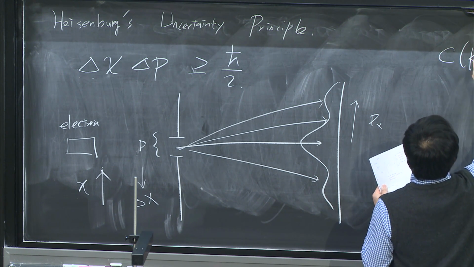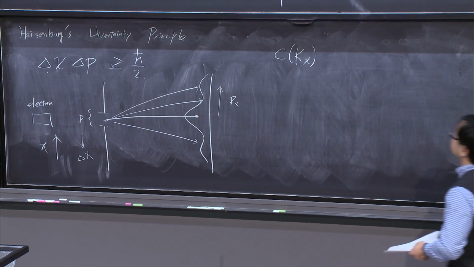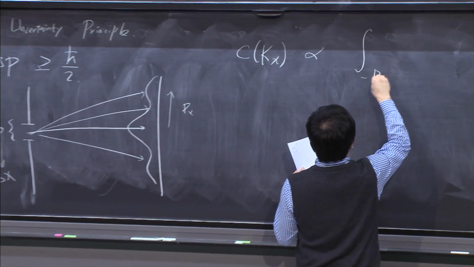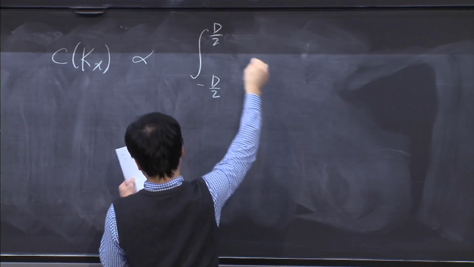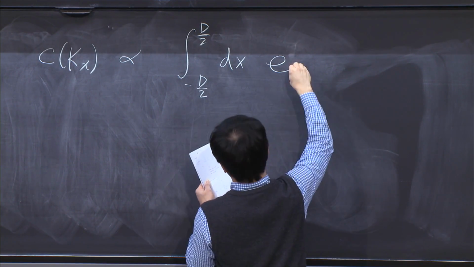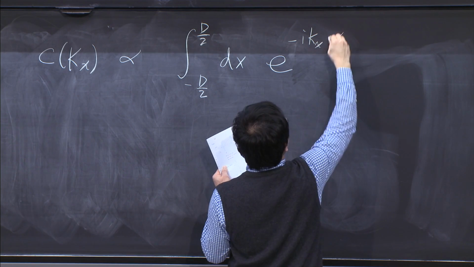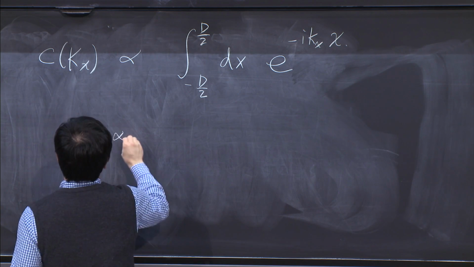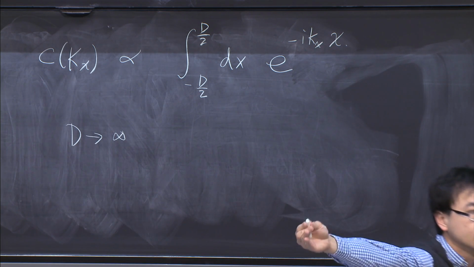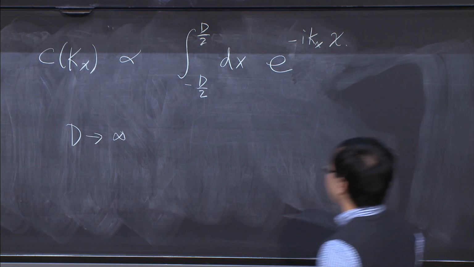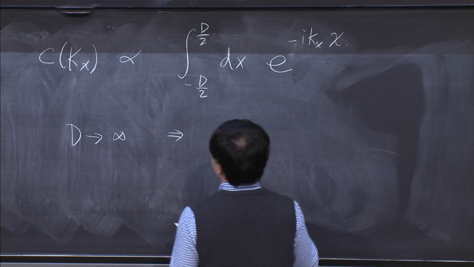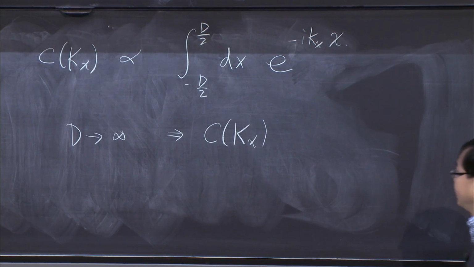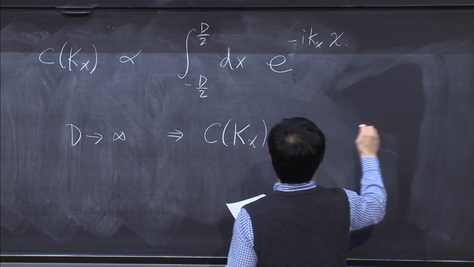And if we use the mathematics which we learned last time, the psi function is going to be proportional to the integral from minus D over 2 to D over 2 of dx exponential of minus i kx x. And if D goes to infinity, which means you have an infinitely wide slit, based on the formula we derived last time, we will see that the psi function as a function of kx becomes a delta function.